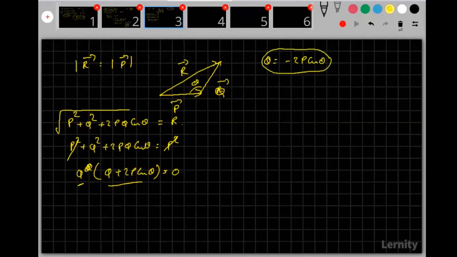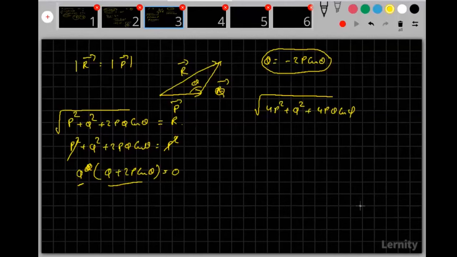They're asking you the angle that the resultant of 2P and Q will make with Q. So the resultant is root over of 4P squared plus Q squared plus 4PQ cos theta.